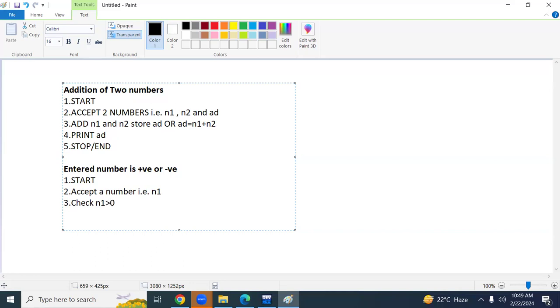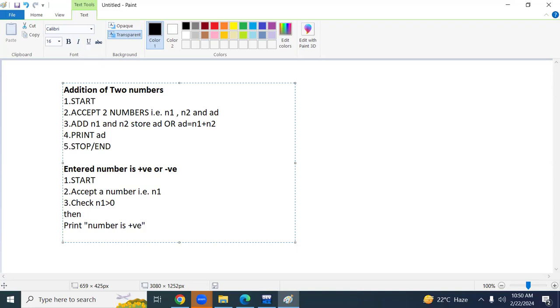Yes or no? If it is greater than 0, then print number is positive.